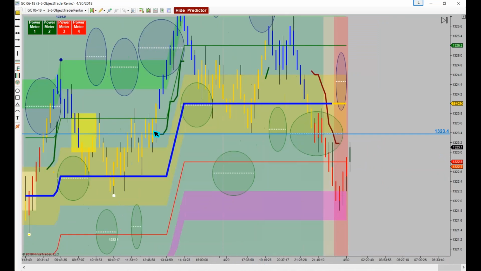This is a 3-6 Object Trader Renko. Okay, so right now I'm looking for a kiss right here. They haven't kissed here. I went ahead and drew the line just a few minutes ago because I saw it. Okay, but that's where I would be looking for this trade to actually come to fruition, wouldn't you? Wouldn't you think that it would?